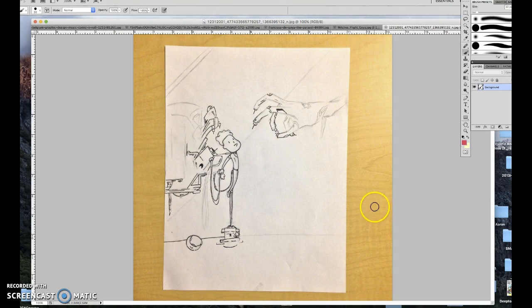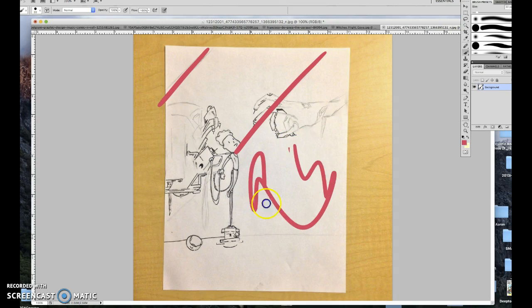So with this one right here, where he's hooked up to the machine and the robot's coming to get him, your light source is here, shining down the character, and this arm would be in the shadows, right? So that works very well, your ground.